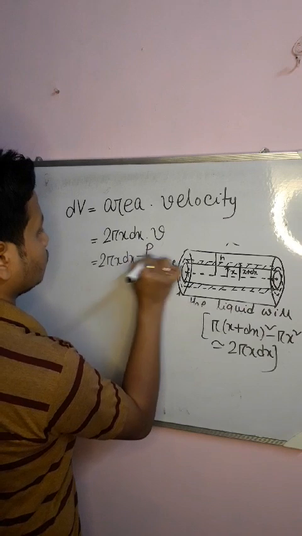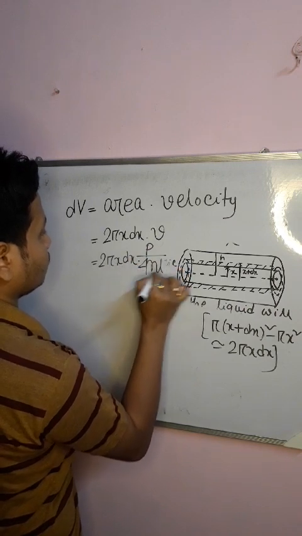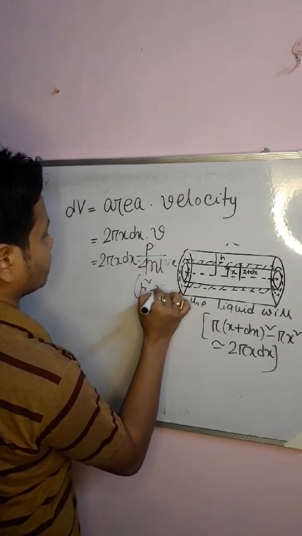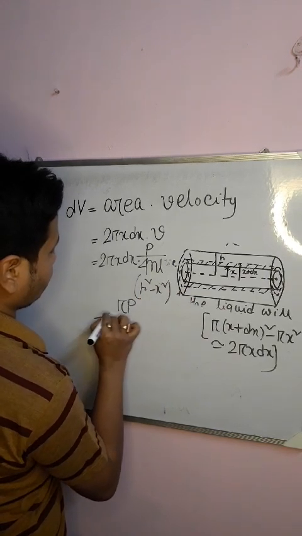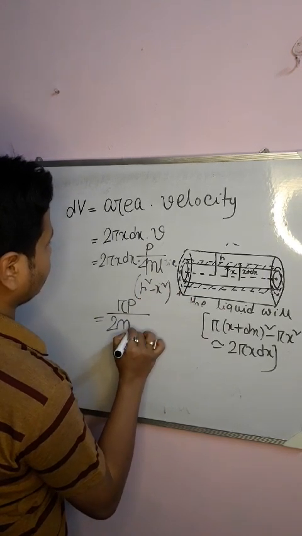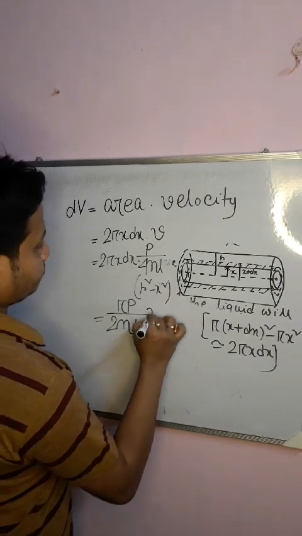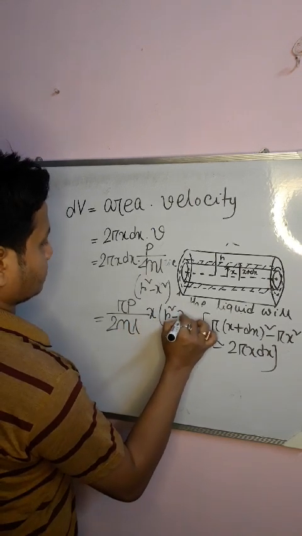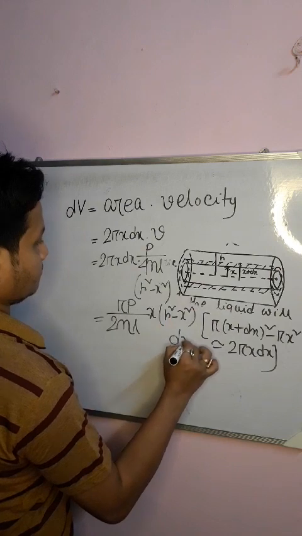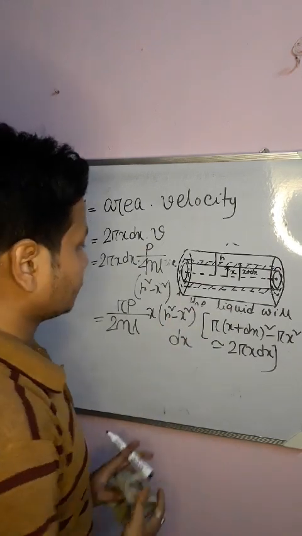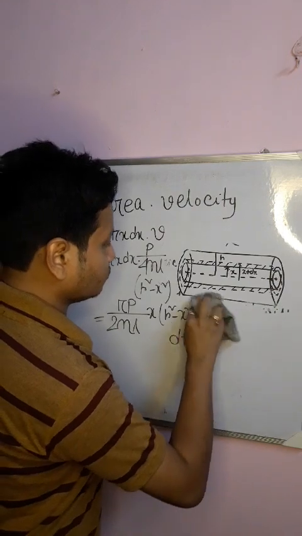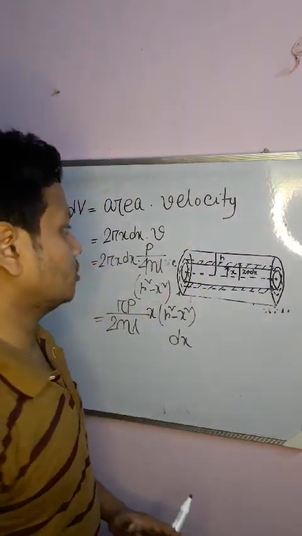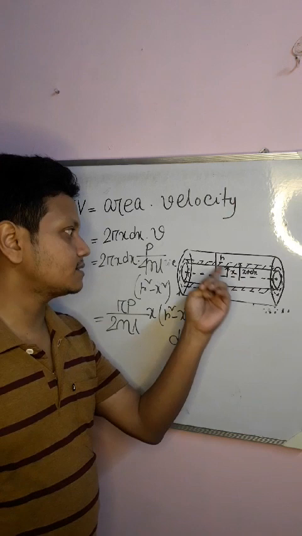If we put the value of v, that is p by 4 eta L into r square minus x square, we get pi p by 2 eta L x into r square minus x square dx. This is the volume of the liquid flowing out per unit time through the annular zone between the concentric cylinders.